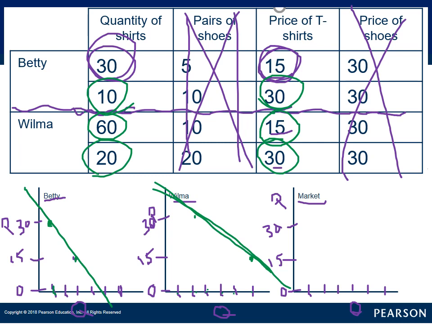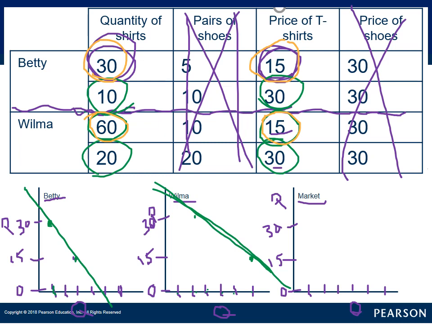Okay. And the market demand, what we do with those is we need to add the quantity demanded at each of those price levels all together. So we have at the $15 price level, we have 30 shirts from Betty, and then again, this $15 price level, we have 60 from Wilma.